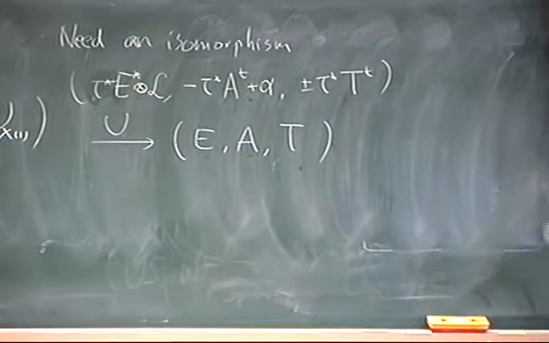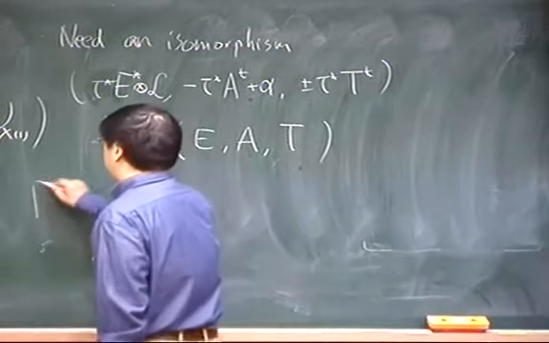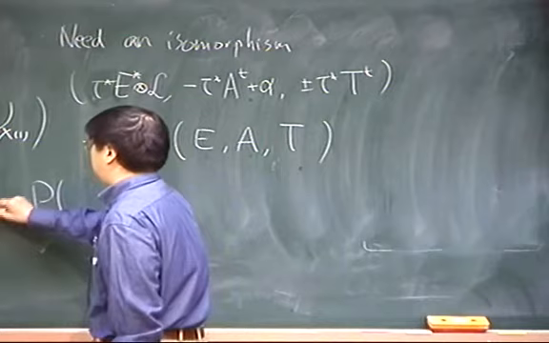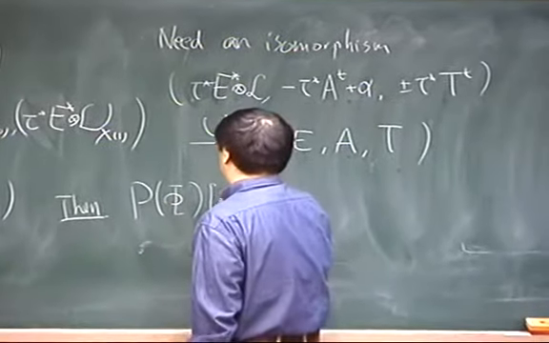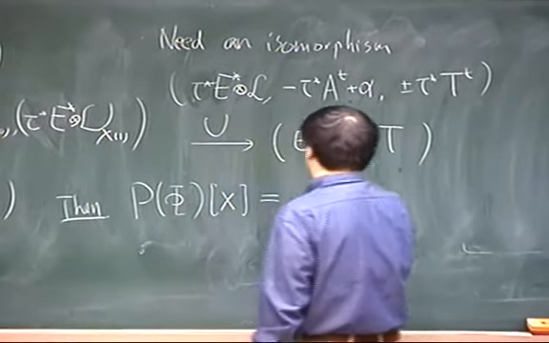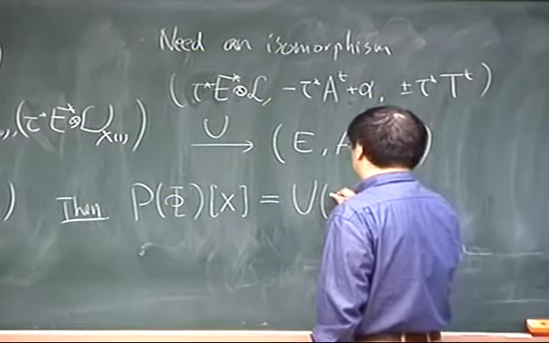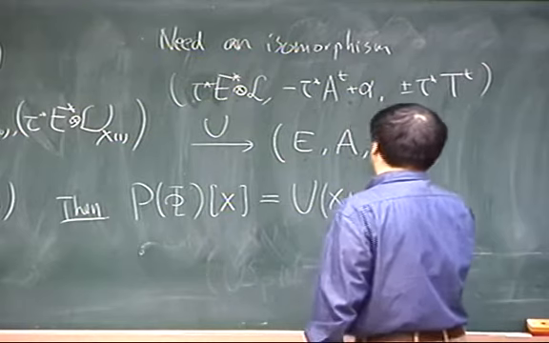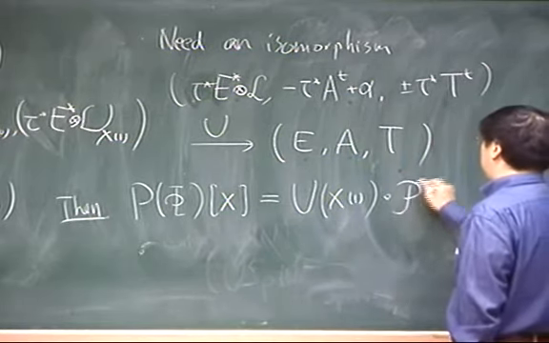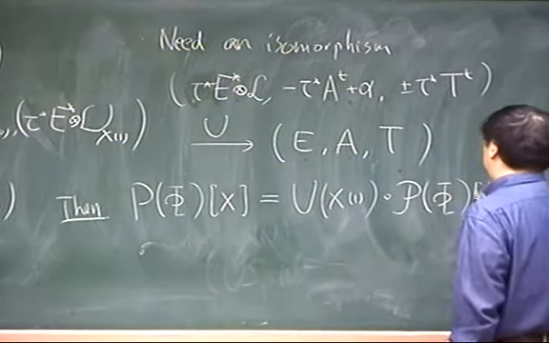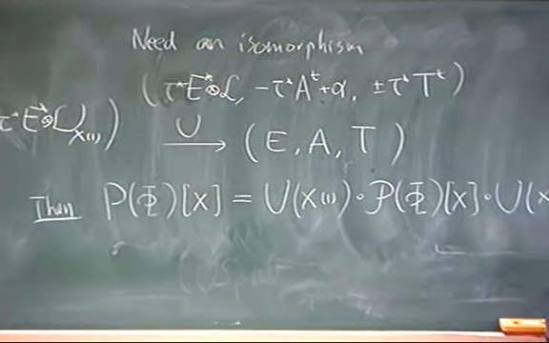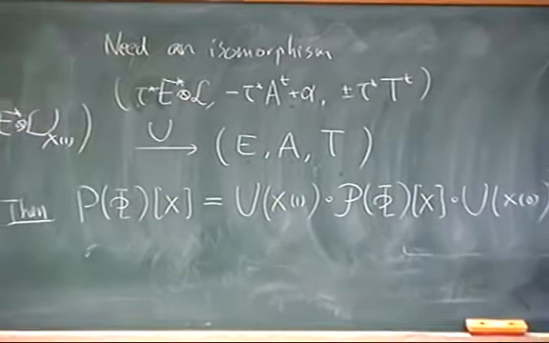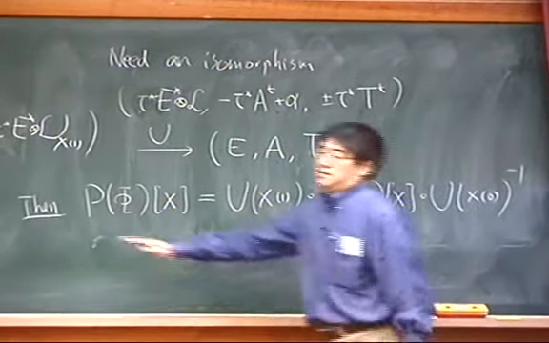And suppose you find such things, then you can define this P of phi. If you have this, then you can define this parity by conjugating with U. This would be an element of this.